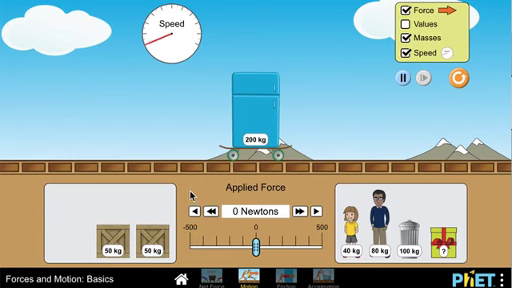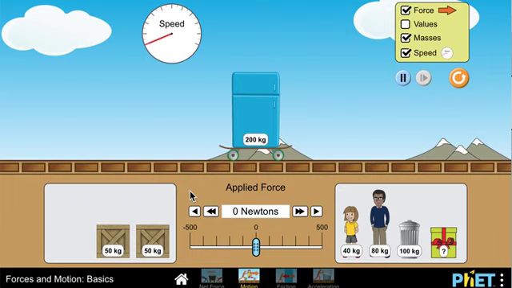Okay, so we've just said that when you've got a constant force on something, when you increase the mass, then the acceleration decreases. So basically, if you're trying to push a heavier thing, it's not going to accelerate as much. If you increase the mass of that thing again, it's going to be harder to push it.